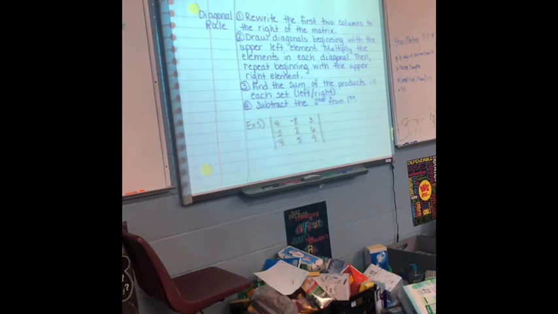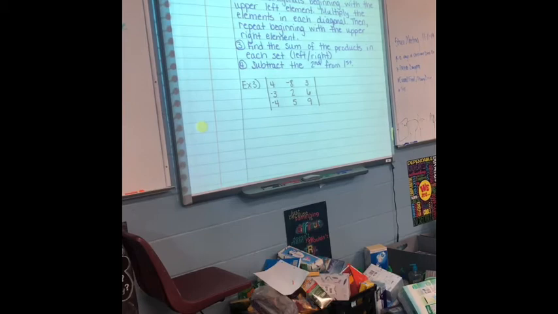So there's my determinant matrix that I'm using.